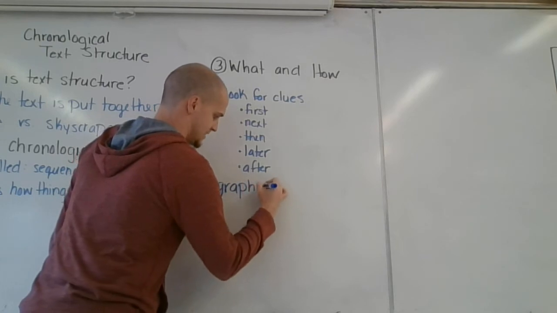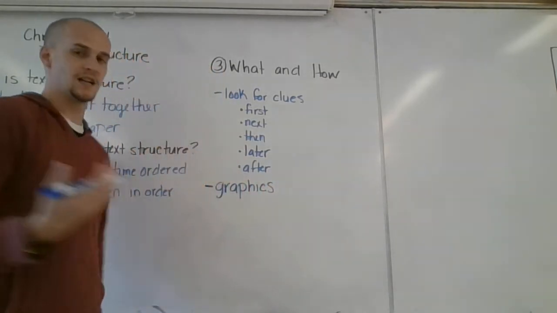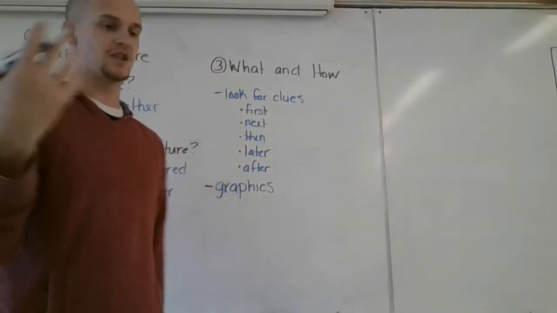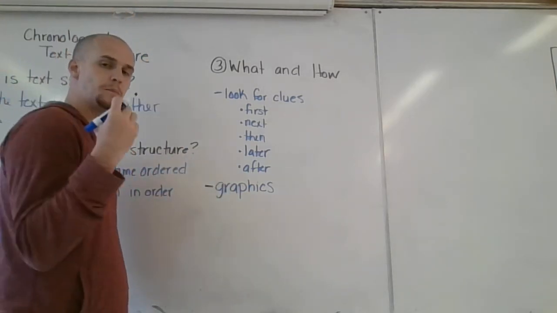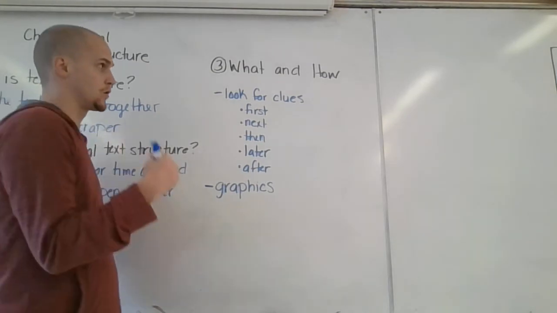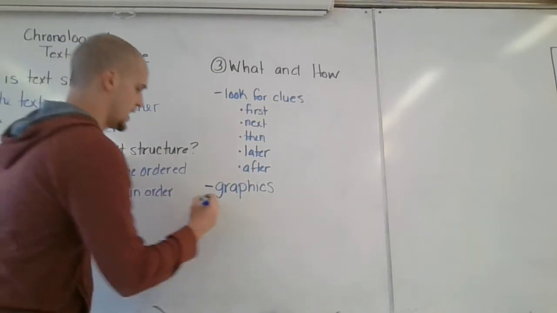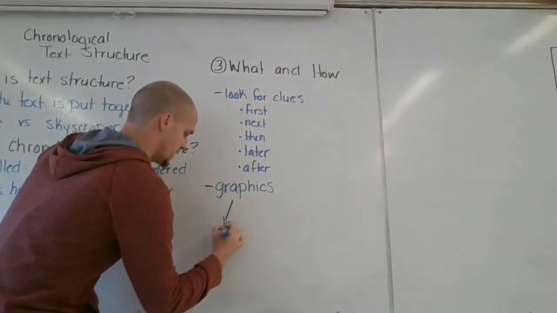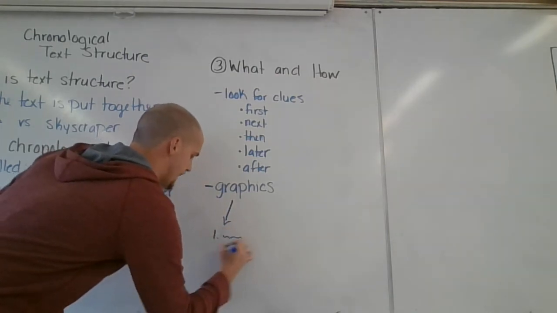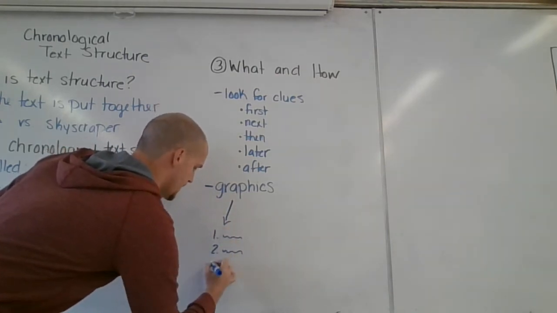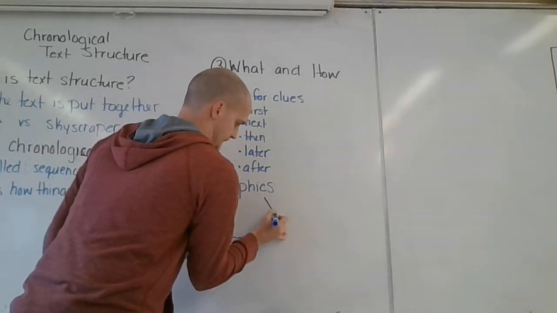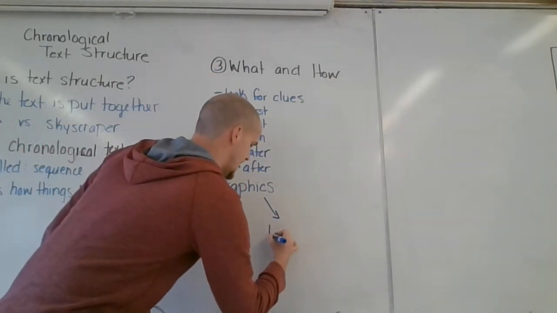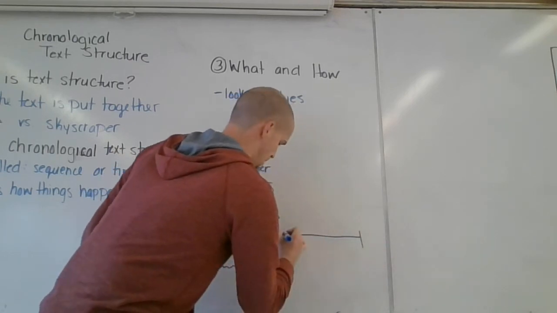And then the graphic organizers that you can use to organize your thoughts when you're analyzing a text that uses chronological text structure can be as simple as numbering, or, depending on the text, maybe a timeline is more appropriate.